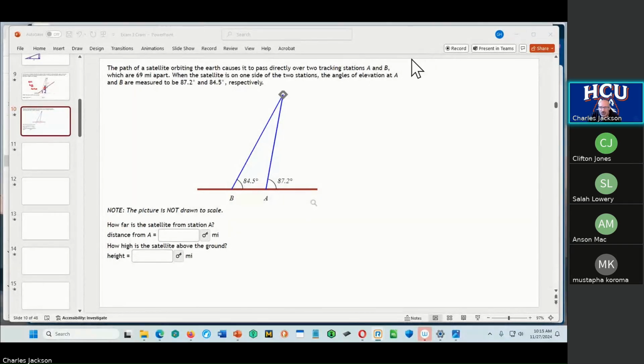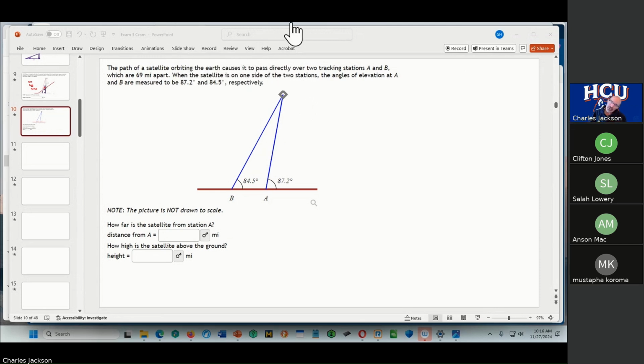Here's the law of sines problem from the Quiz 5 practices. Path of a satellite orbiting the Earth causes it to pass directly over two tracking stations A and B. So that's what a satellite looks like right there. 69 miles apart.